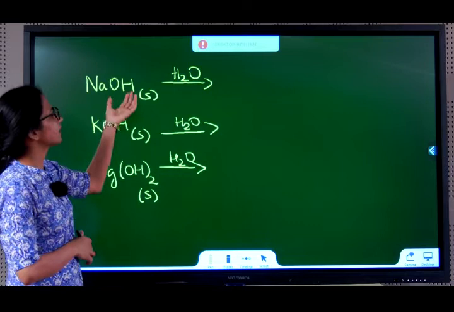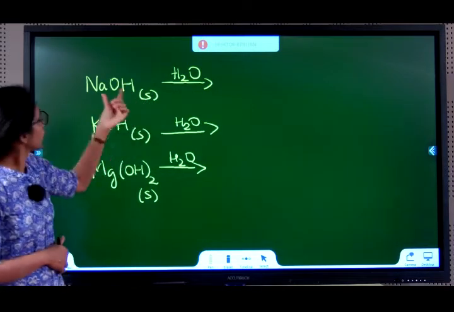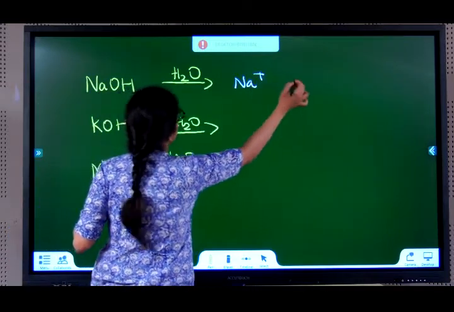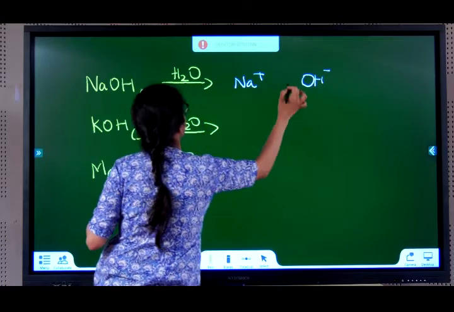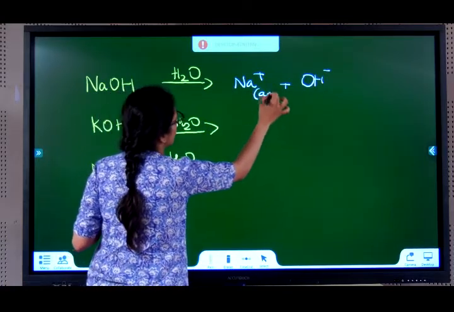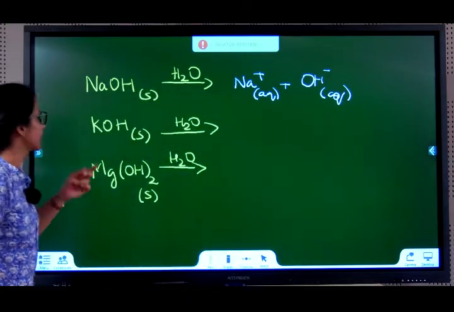Similarly, if I take the base NaOH, if I take these pellets in water, what happens? You will find that Na plus and OH minus come out, sodium ion and hydroxide ion, aqueous state, because it's all happening in water.